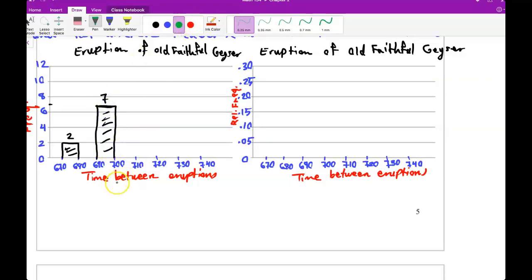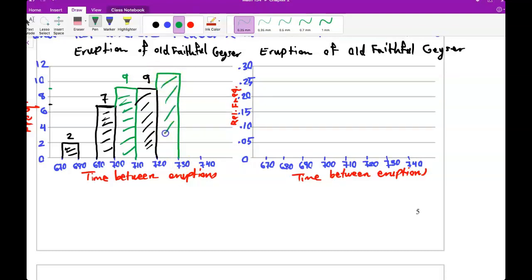Next one, between 700 and 710, we have 9. Again 9. Here is 11. And this one is 7.